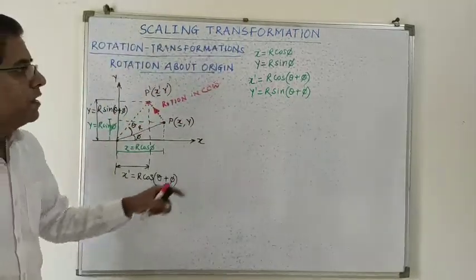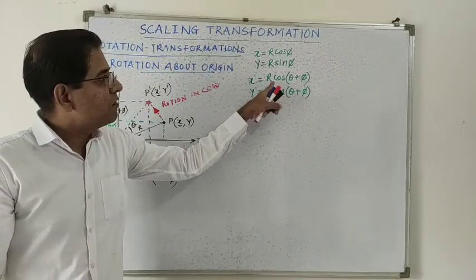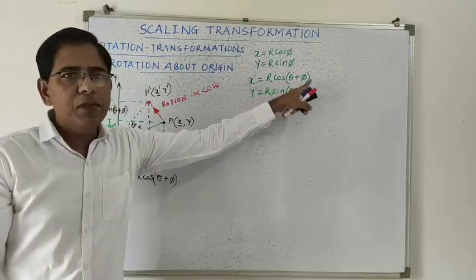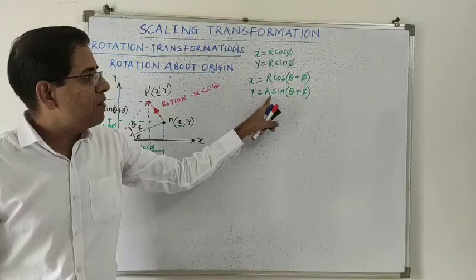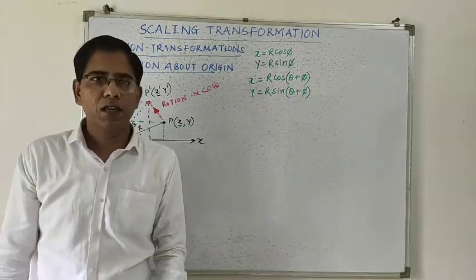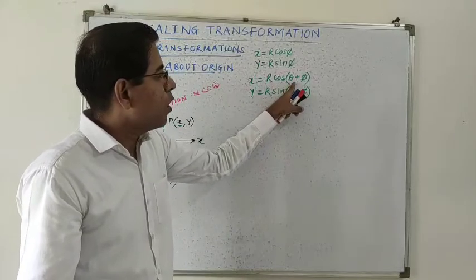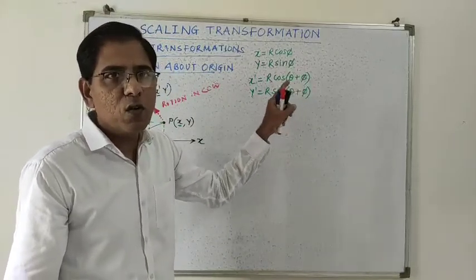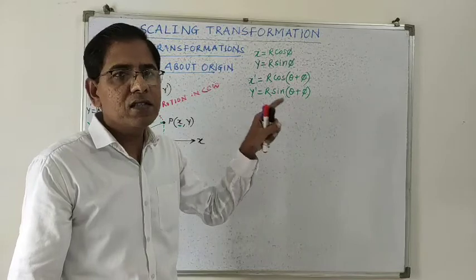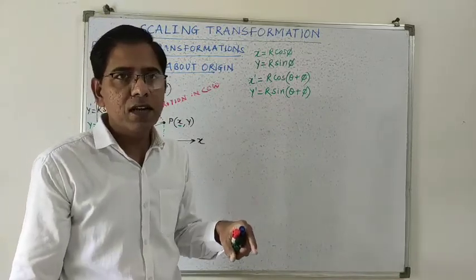Okay. Now this is a case of r cos a plus b, and this is a case of r sin a plus b. So what is cos a plus b? It is cos a cos b minus sin a sin b, right?